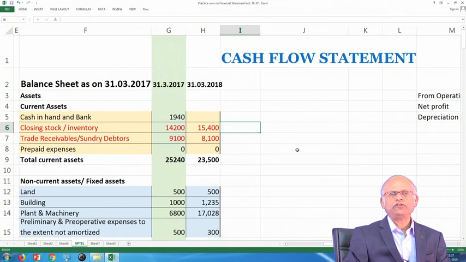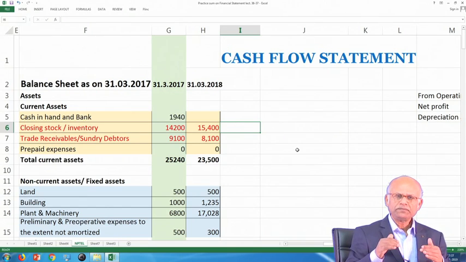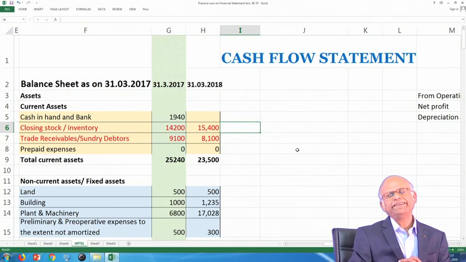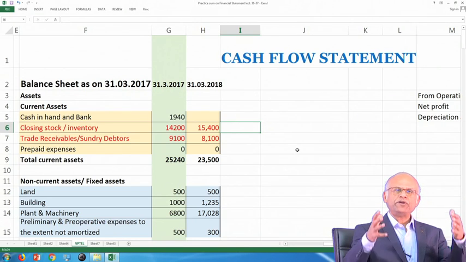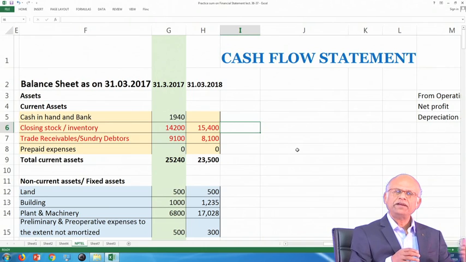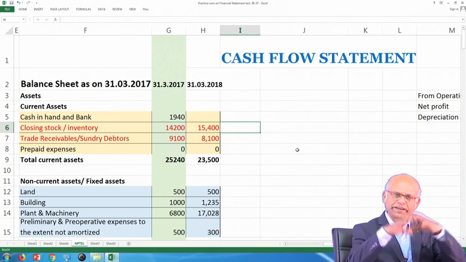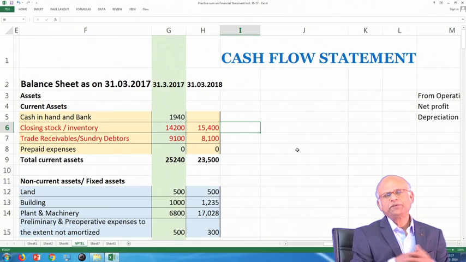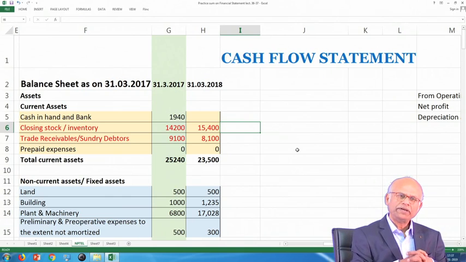That is better, that will permanently remain hard coded in your brain, and you will never make a mistake. Consider closing stock. When closing stock increases, you see that stock is increasing, meaning that you have spent money to create that stock. Take the case of the stationery shop in your hostel that we discussed.